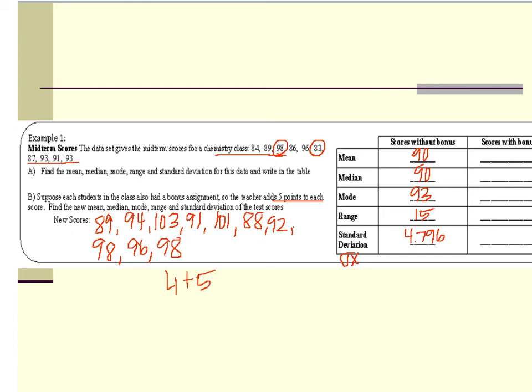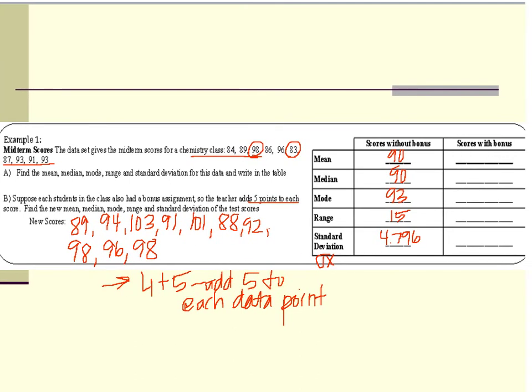And what it will do is add 5 to each data point. Okay, once you've added 5, no matter if you're going to use this or if you're just going to actually plug in the new numbers, what we want to do then is look at what the new scores are.